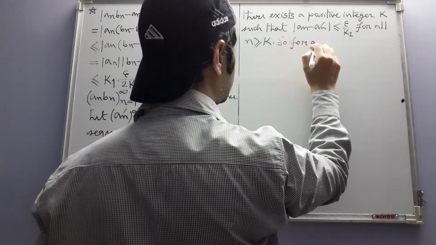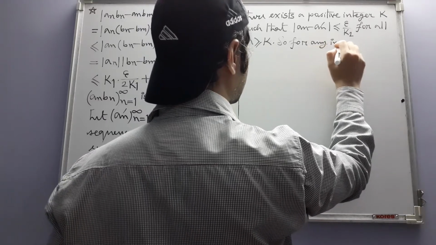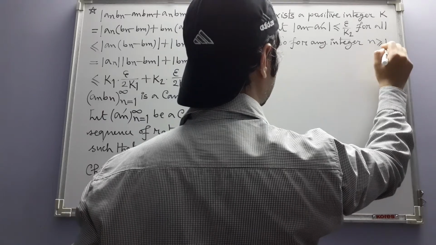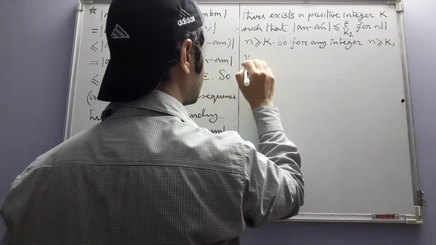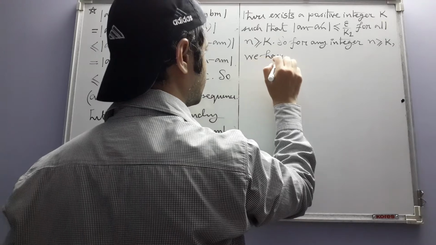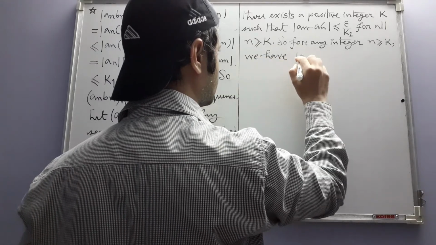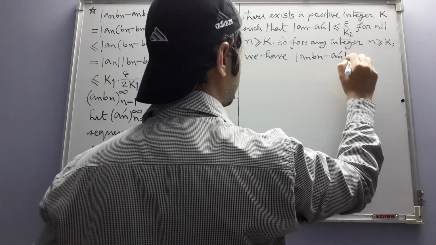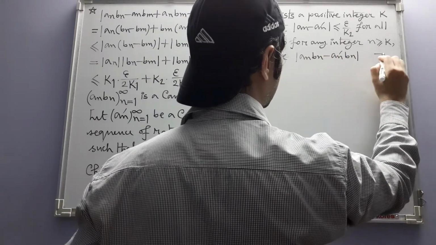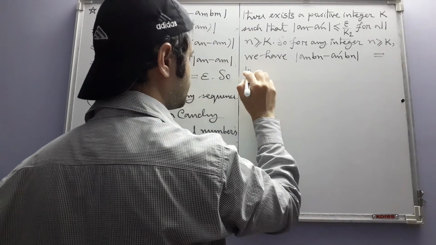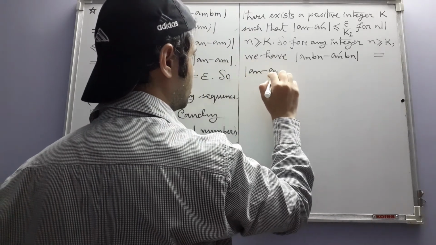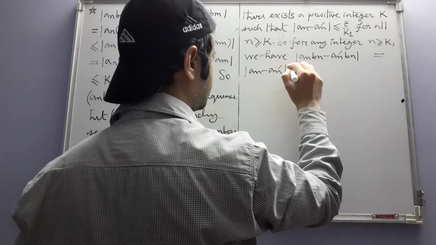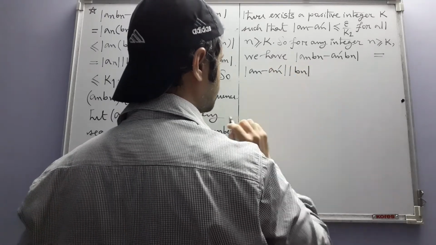So for any integer n greater than or equal to k, we have an bn minus an prime bn. This is equal to an minus an prime times bn.